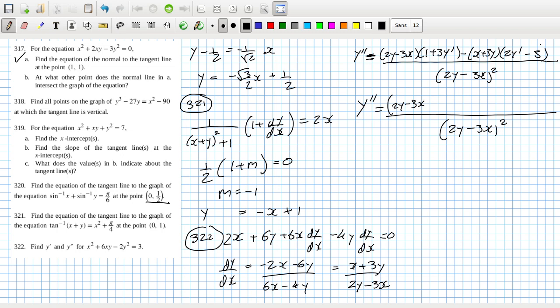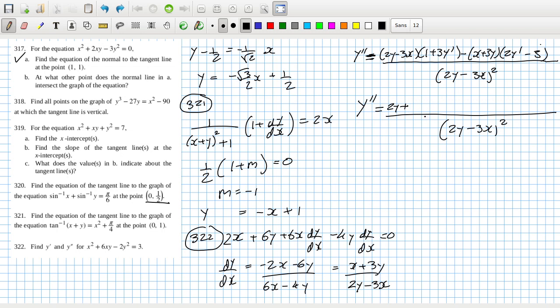Should I multiply at the top first? Maybe I should. 2y plus 2y times 3, 6y, y dash.